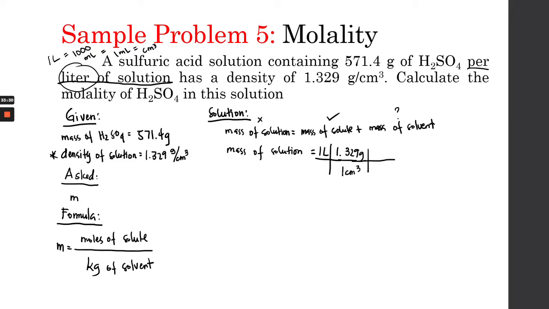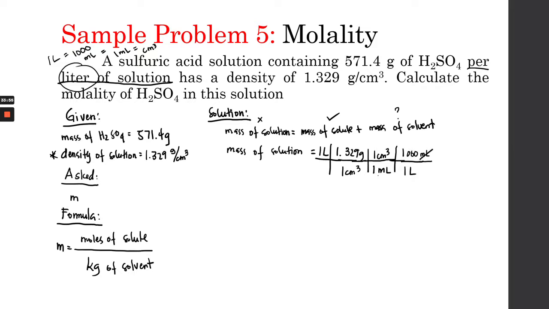And as you can see, guys, 1 cubic centimeter is equal to 1 milliliter, and 1 liter is equal to 1000 milliliter.